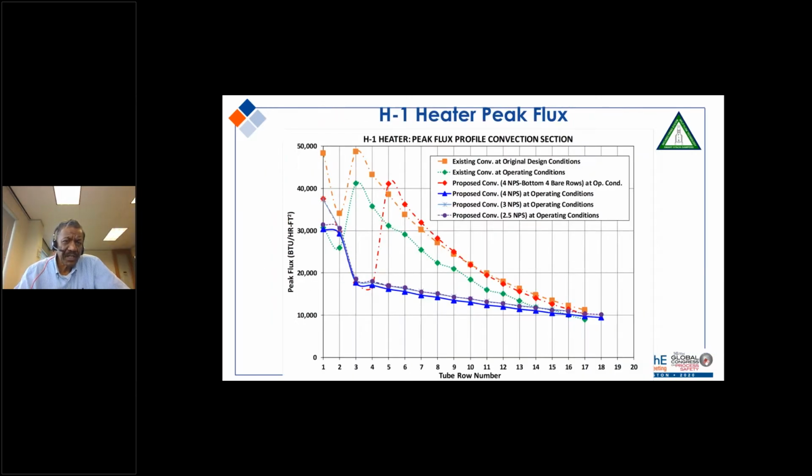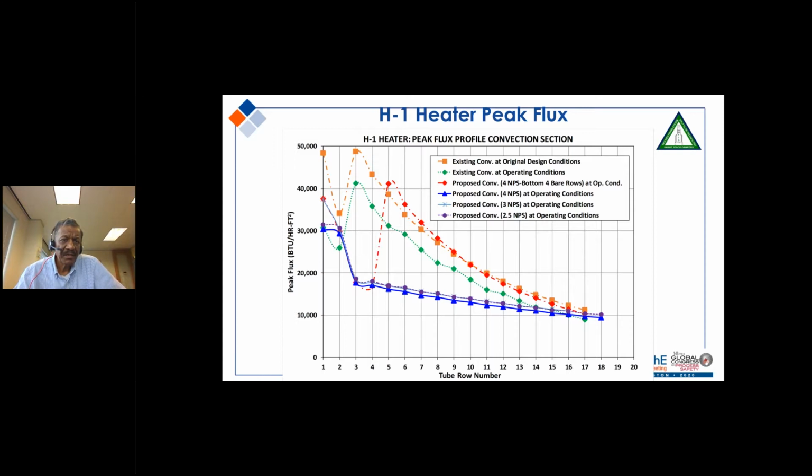And here you see the existing convection section peak flux profile. This is the operating conditions in the green. Then we have the red, which is just changing 4 bottom rows to bare, at the operating conditions.